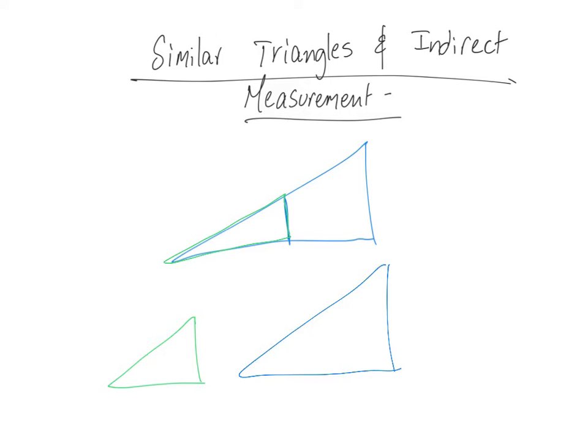But look at the sides, look at the ratios. This length, let's give it a name, A. And let's say this is B, right? So A and B are in a ratio. And then the hypotenuse, let's call this A1, and the entire length is B1, right?